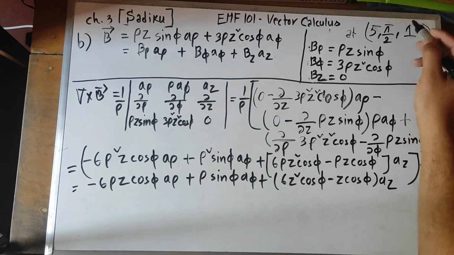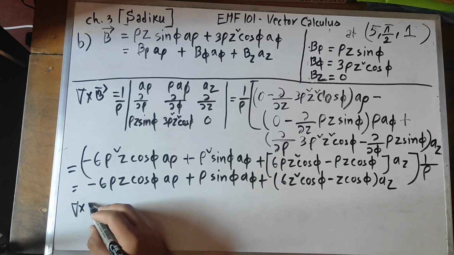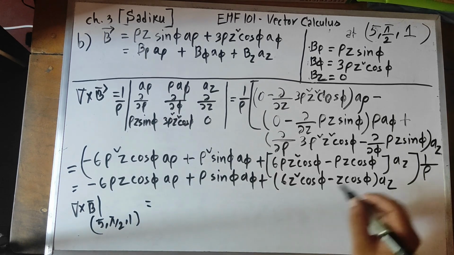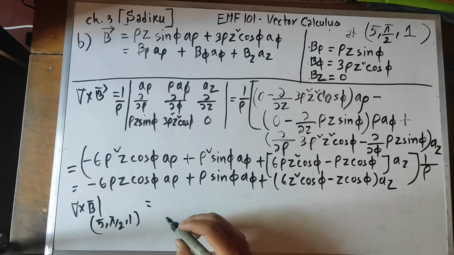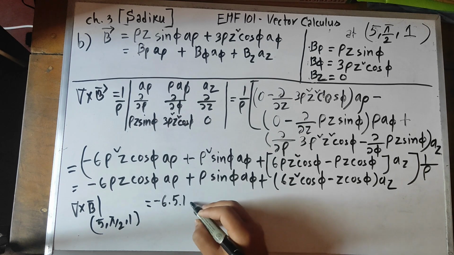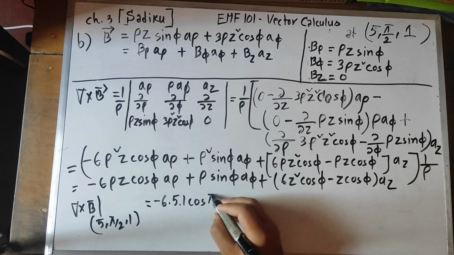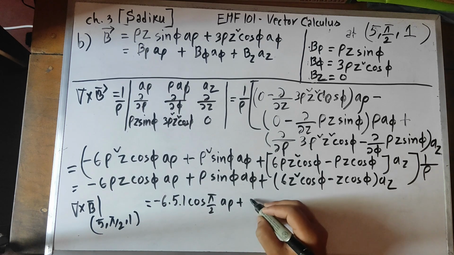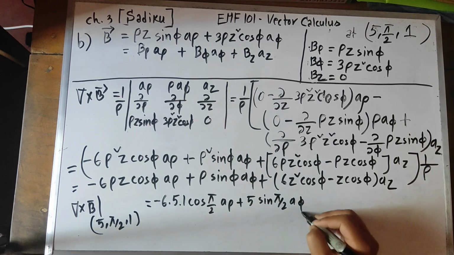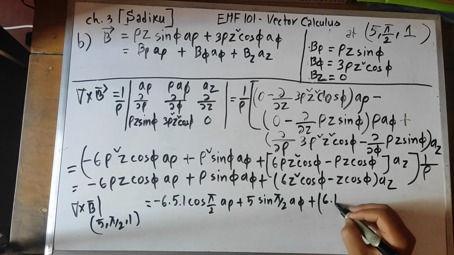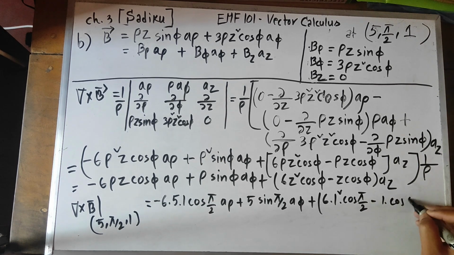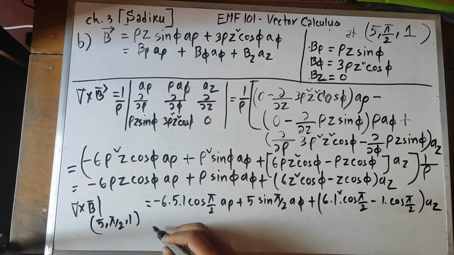Now at the point 5, pi by 2, 1, we get minus 6 times 5 times 1 times cos pi by 2 a rho plus 5 sin pi by 2 a phi plus 6 times 1 square times cos pi by 2 minus 1 times cos pi by 2 a z.